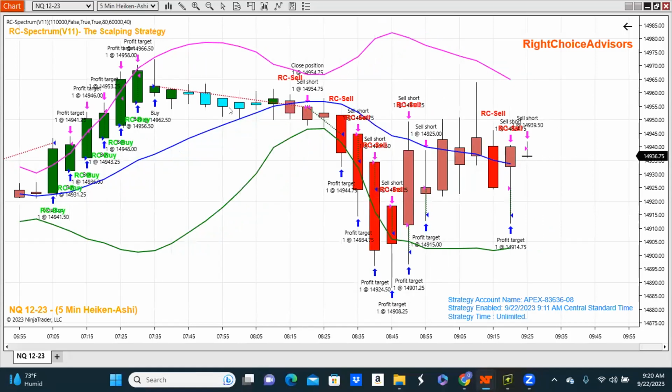So on the earlier candle, she already made $200 profit. Now again, it thinks there is still potential for the market to go down. It did a short, but if the market goes up, it may either hit the stop loss or switch to long.